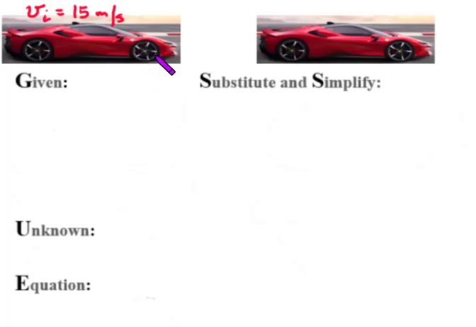And it applies the brakes, causing a deceleration of negative 2.0 meters per second squared. If the brakes are applied for 2.5 seconds, what is the new velocity of the car? Velocity final equals question mark meters per second.